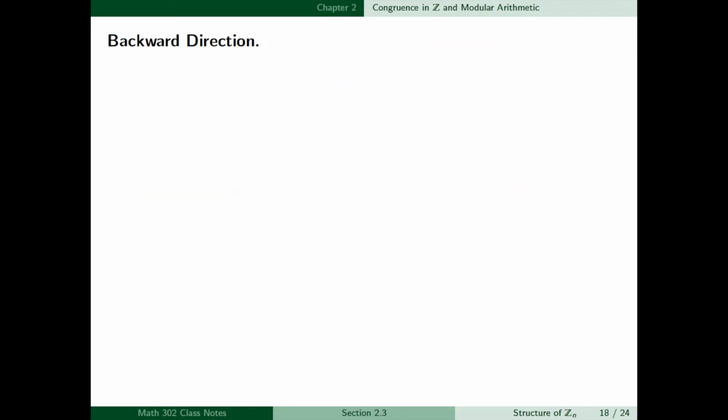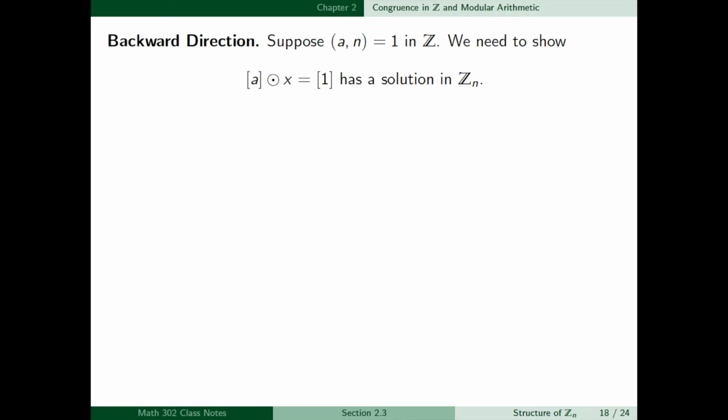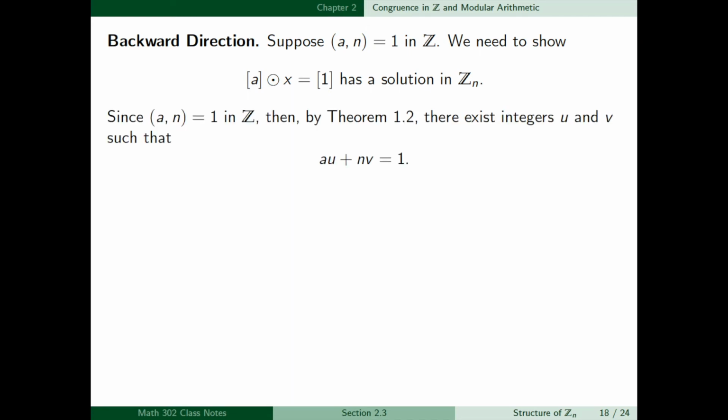Okay, now we have the backward direction. So we're going to suppose that the GCD of a and n is equal to 1 in Z. And we need to show that the class of a times x equal the class of 1 has a solution in Z sub n. Now, since the GCD of a and n is equal to 1 in Z, then by Theorem 1.2 there exist integers u and v such that au plus nv is equal to 1.